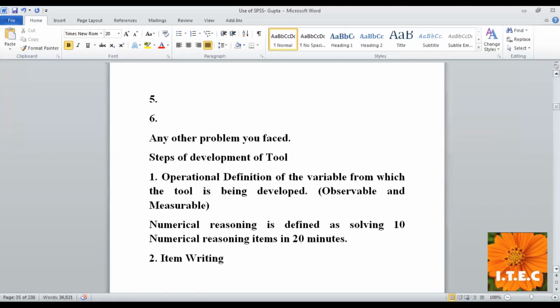It is used in place of statement. So when I say item writing, that means I'm telling you to write either the questions or the statements, or you make the list. So item is the technical word.